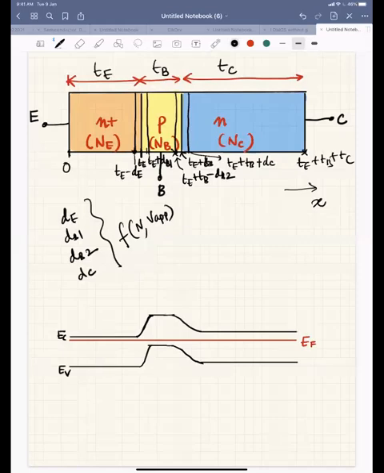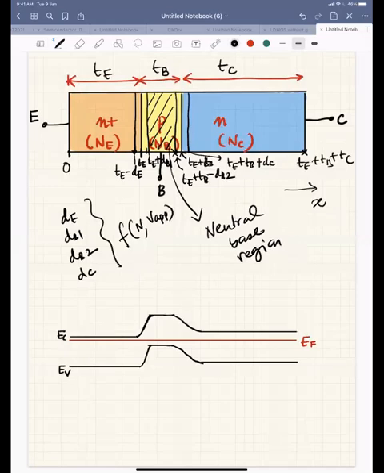This part we have already discussed. And this region here is the neutral base region. It is charge neutral.